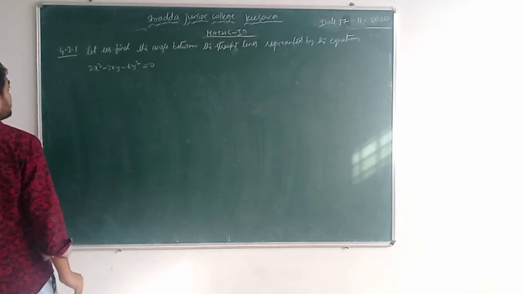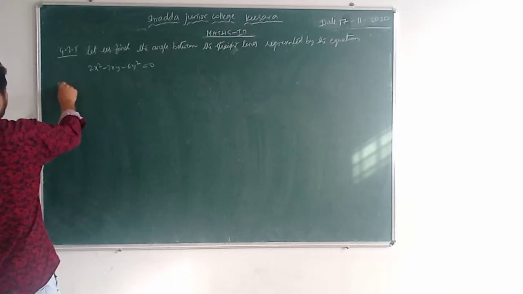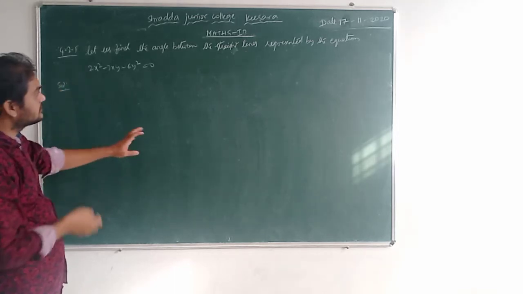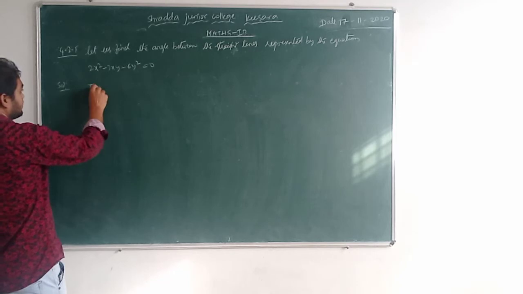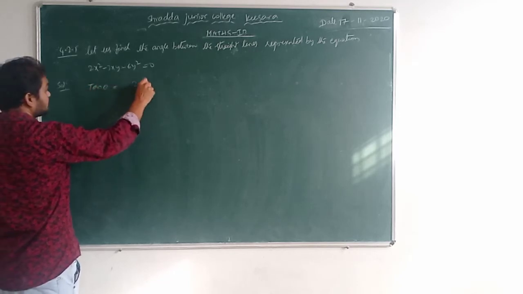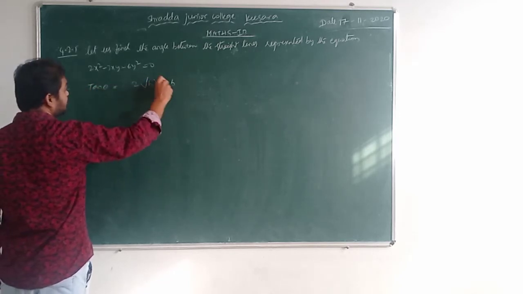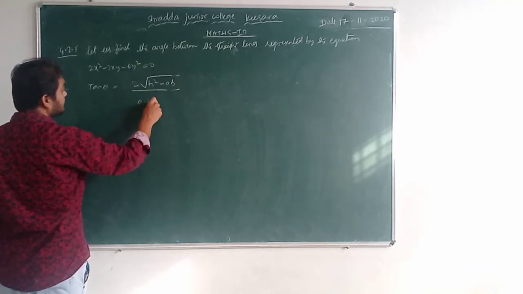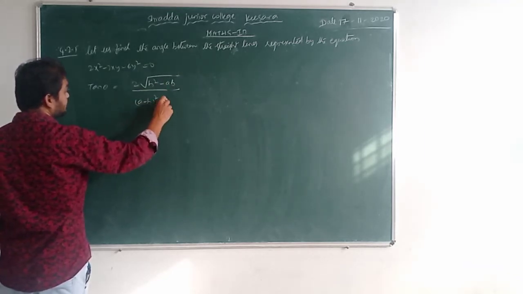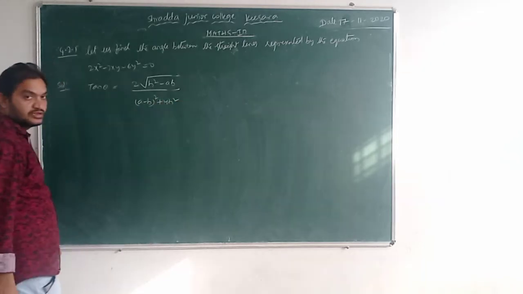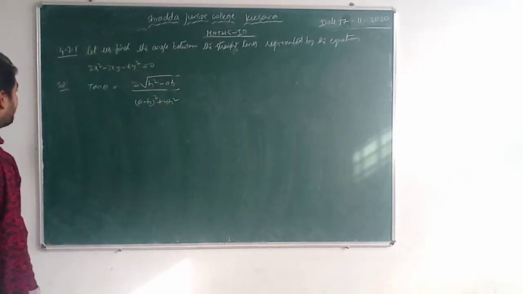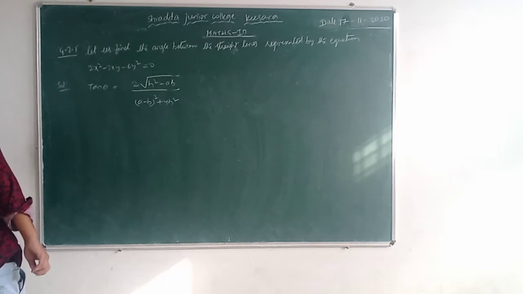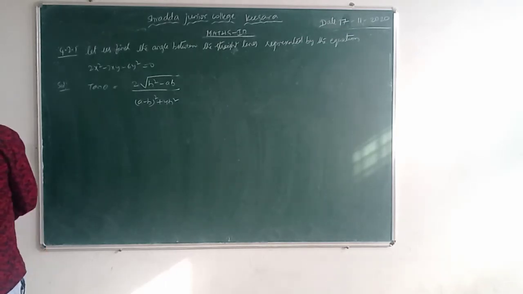Now here we have to apply the formula: tan theta equals 2 square root of h square minus ab by mod a plus b. Apply this formula here.